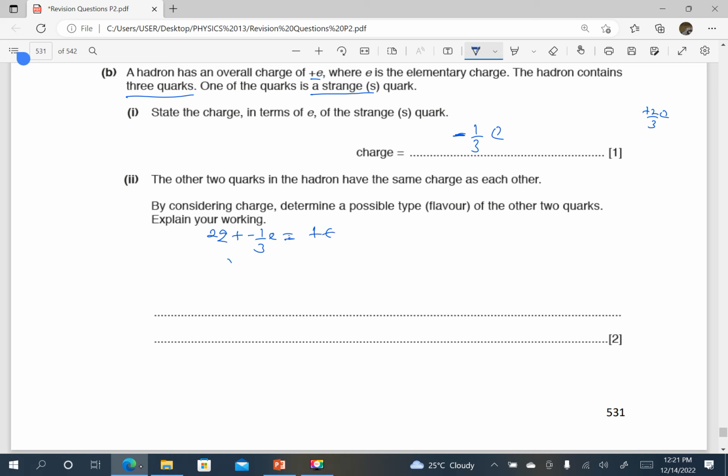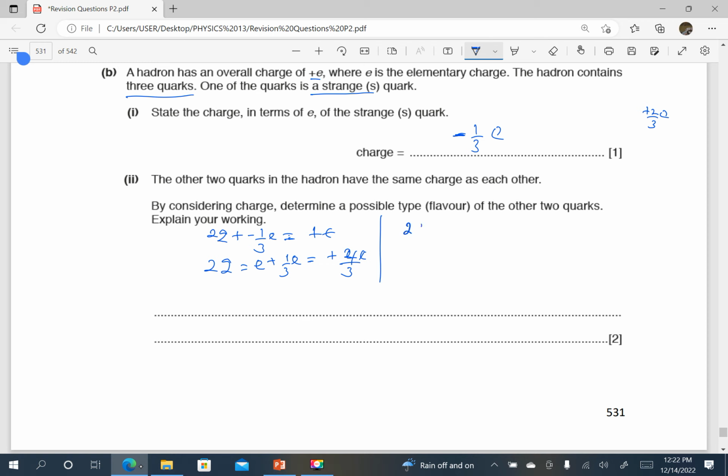So using charge, when I collect like terms, 2q is equal to e plus 1/3e, which is going to be 4e/3.